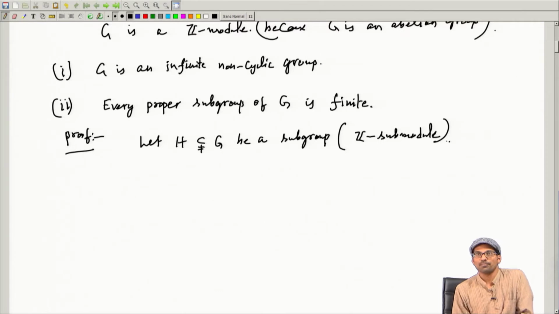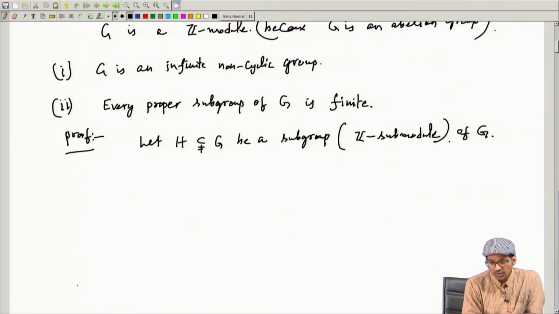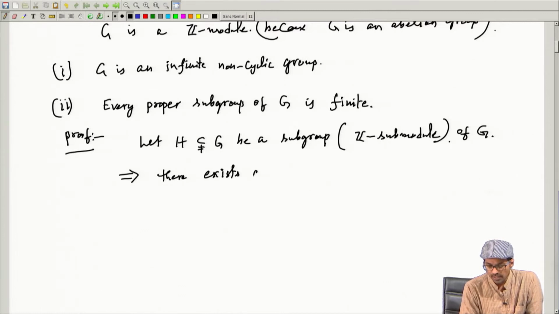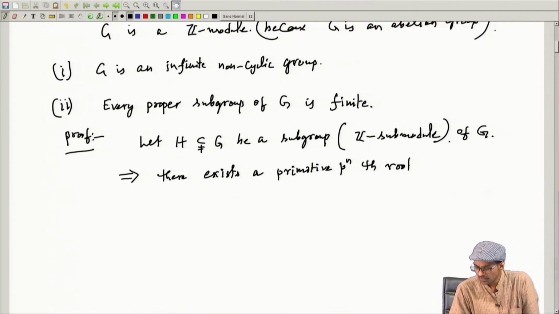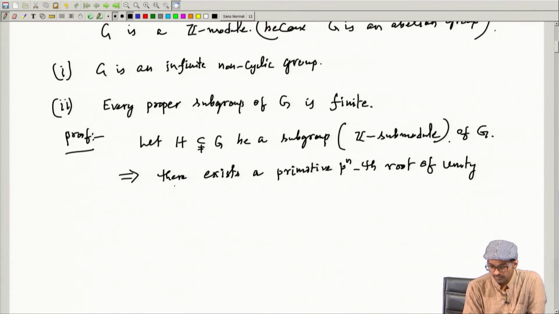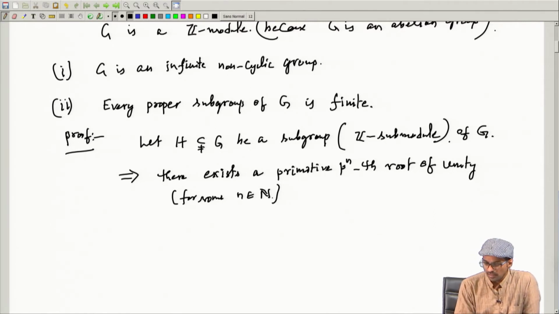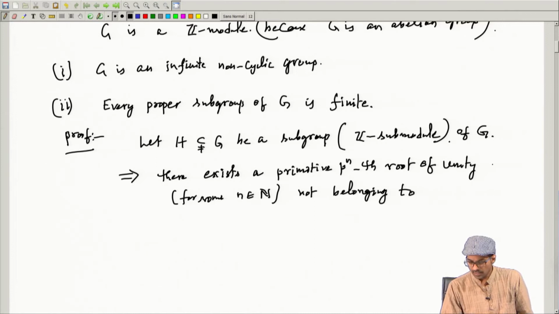So, that is why I will use only the word subgroup, any proper subgroup of G. So, that means there exists a primitive p^n-th root of unity, for some n, say x, not belonging to H.